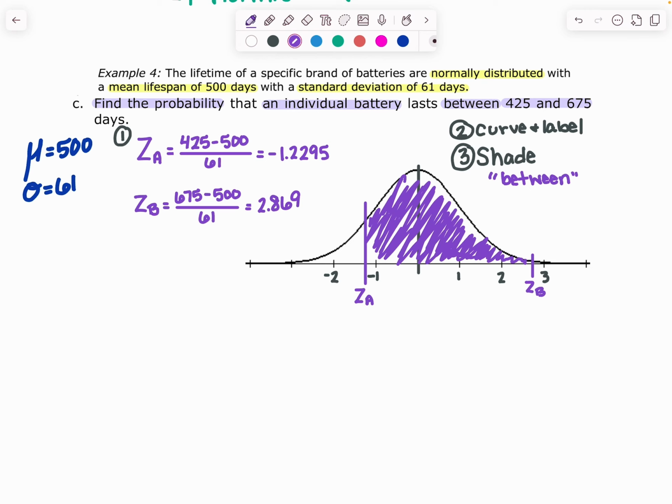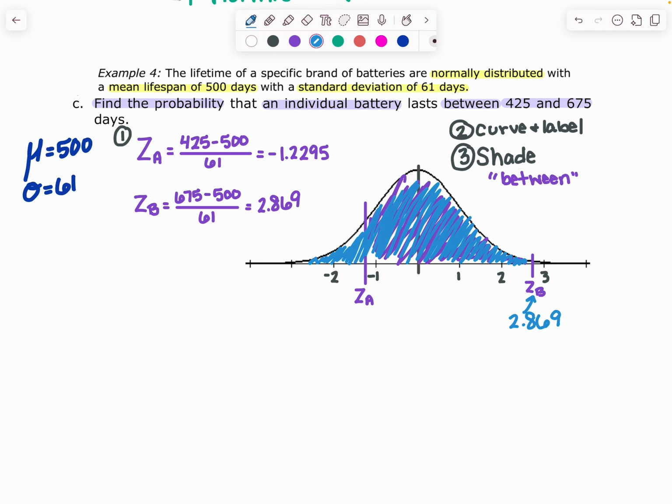So as a reminder, when I plug in what I want Excel to calculate for me, it's going to calculate everything to the left. So if I tell Excel I want you to calculate this guy, 2.869, it's going to give me everything less than 2.869. So it's going to give me the entire shaded region that I want, but it's also going to include this unshaded region that I don't want in my answer.